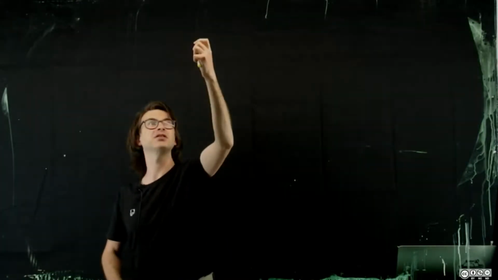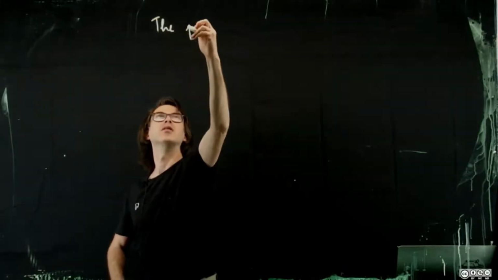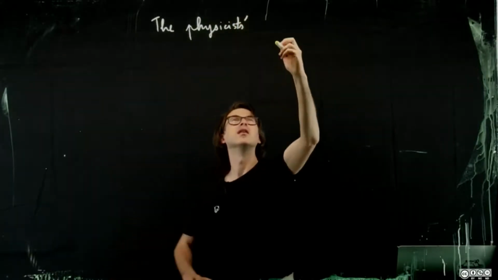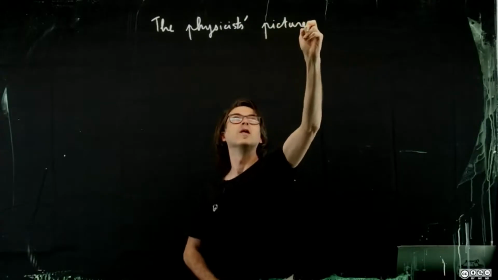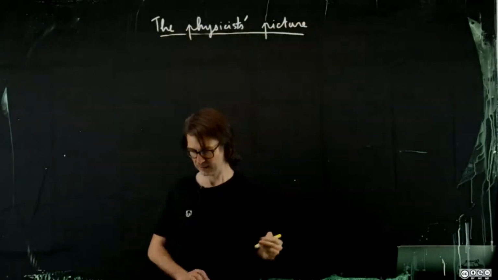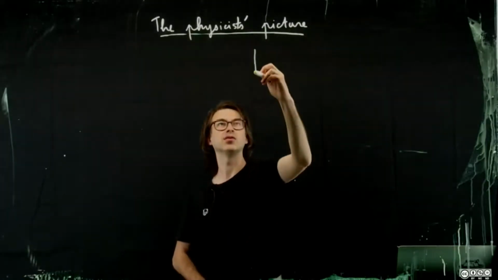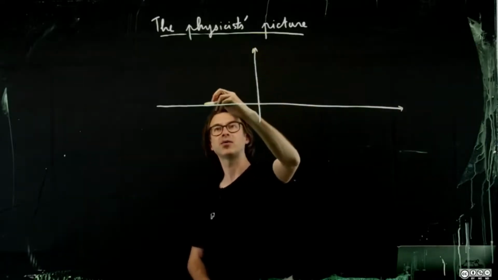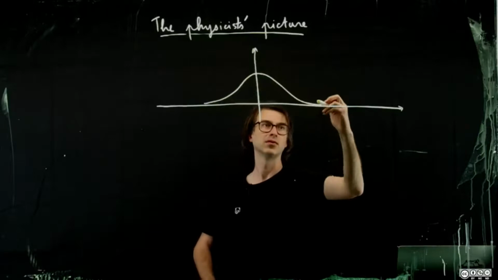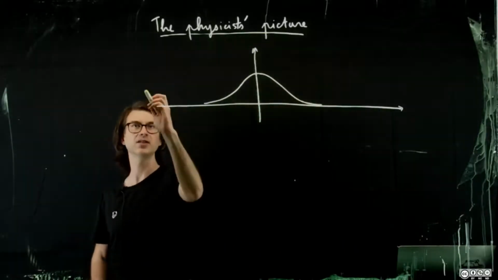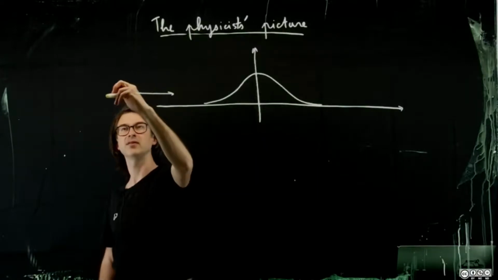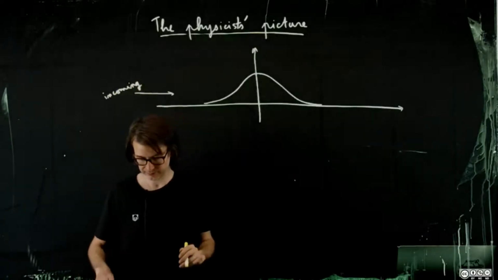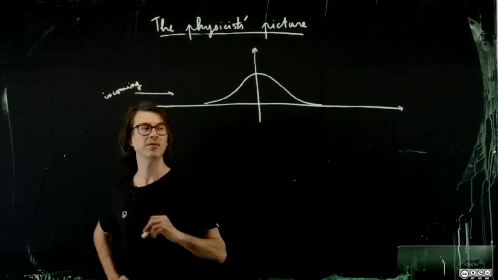Okay, so the physicist picture. Here is the physicist picture. So, okay, so that's space. We have our potential, like that. And say you have an incoming wave, which is F minus of, maybe I should rewrite.